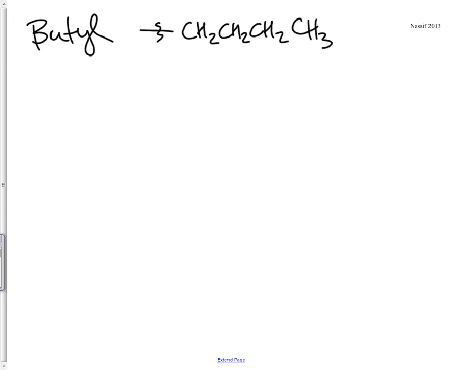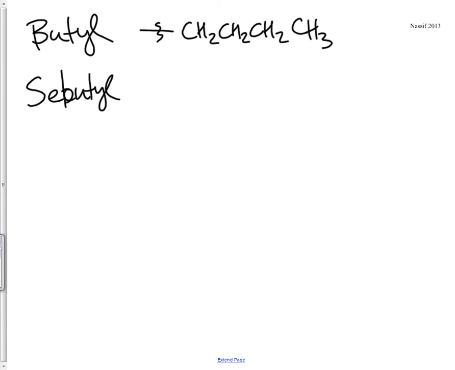First, you have your straight chain butyl. CH2, CH2, CH2, CH3. All right. Our next group is the sec-butyl group. Now, our sec-butyl group is the same as our butyl group in that it's attached as part of a straight chain.